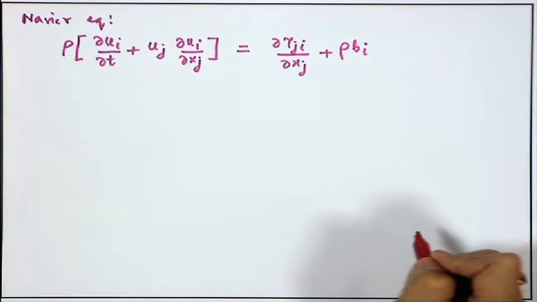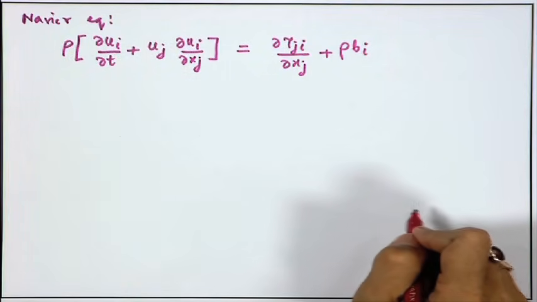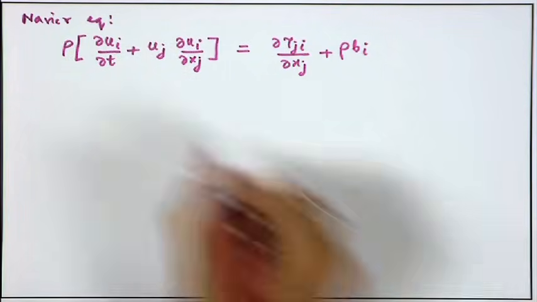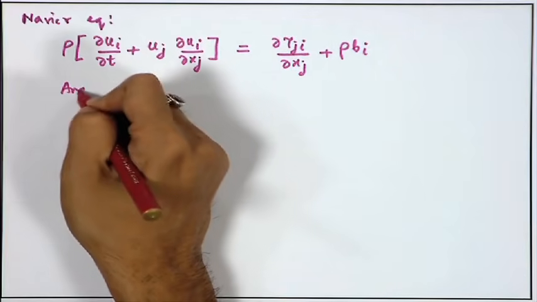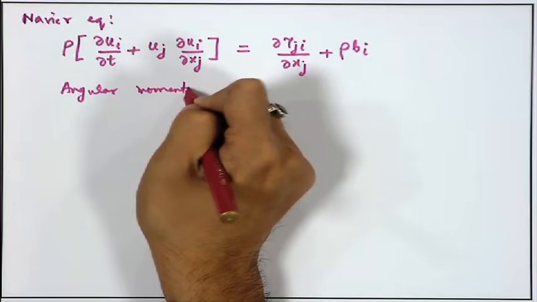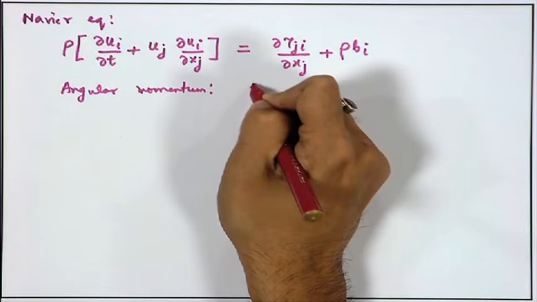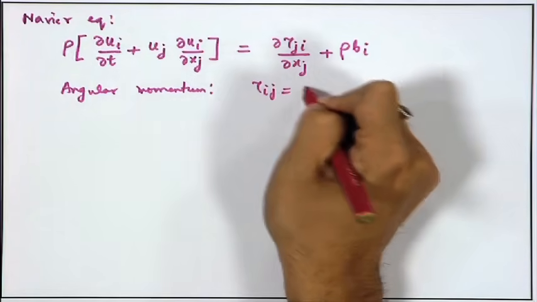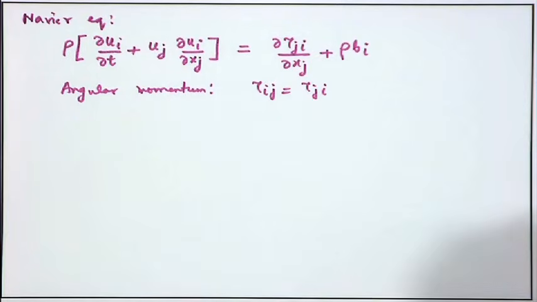So, this was the Navier's equation. Now, from angular momentum consideration, tau ij is equal to tau ji.